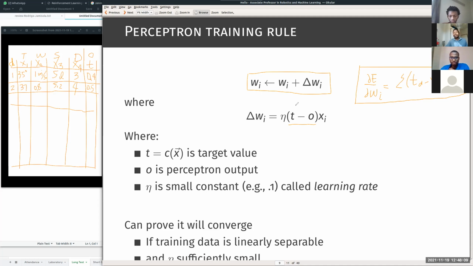Well, you take note that here, that is a bold T and a bold O. Those are vectors. The result of this one is a vector. The gradient, this one, delta Wi is therefore the delta of Wi.